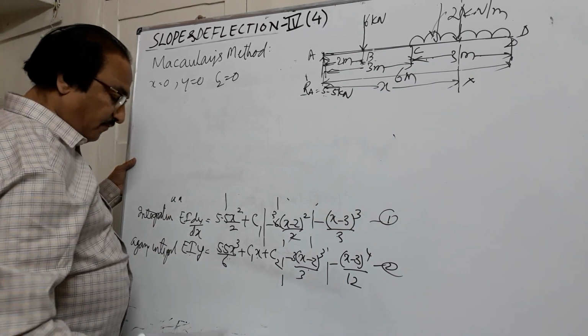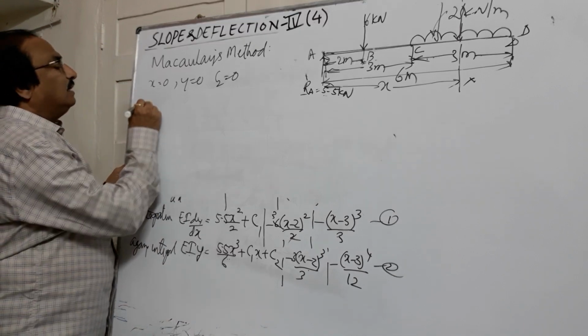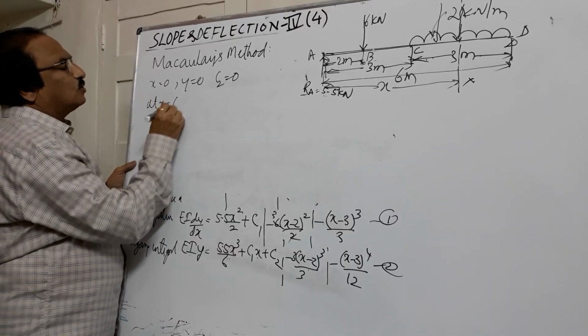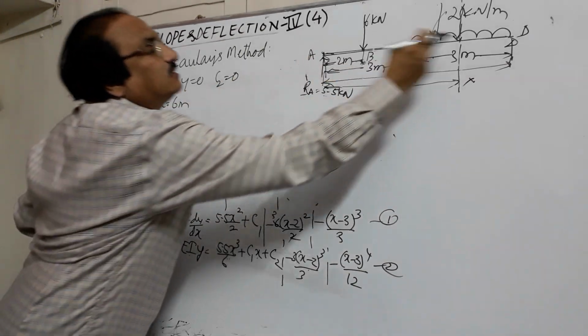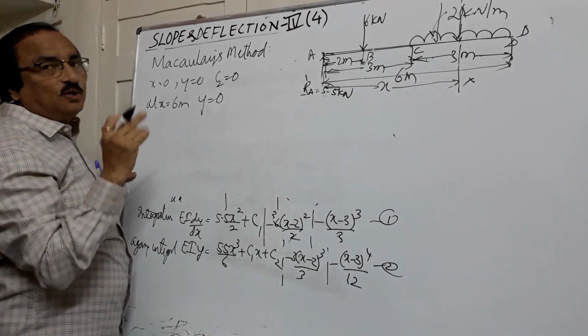Now, at x is equal to 6 meters, again y will be equal to 0, no deflection there.